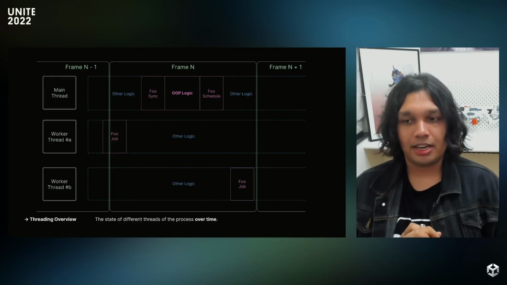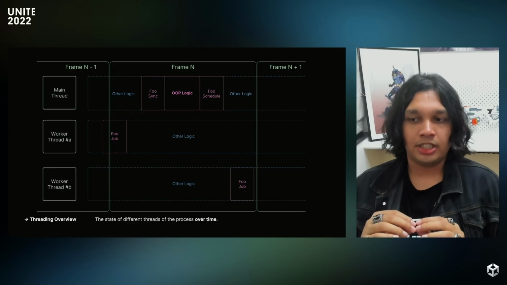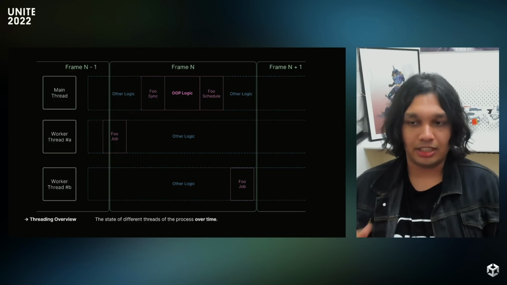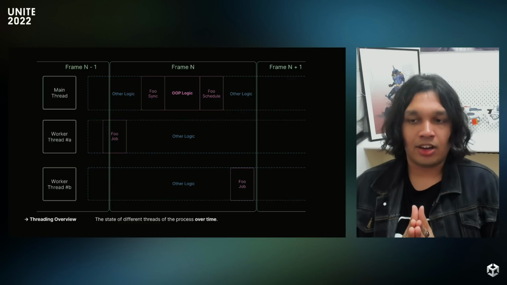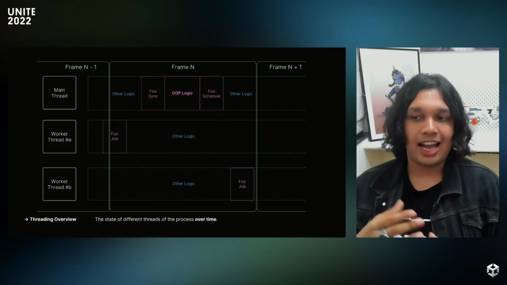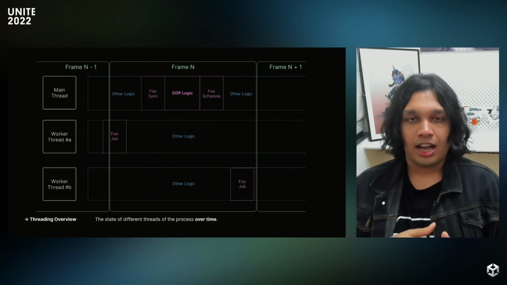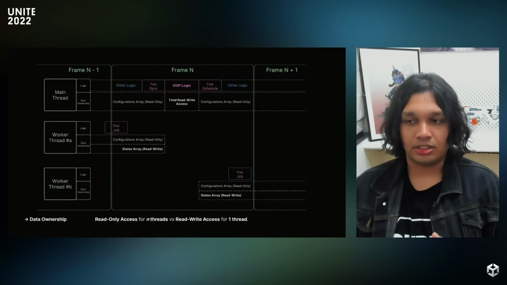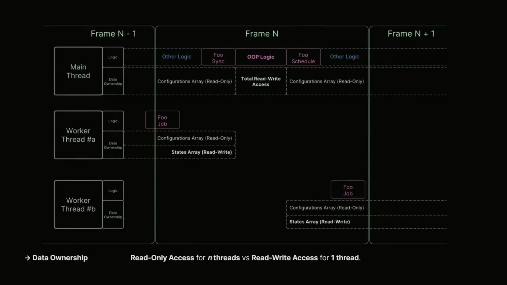So it's extremely accessible and extremely safe to use in that manner. But if you remember earlier, I mentioned that the good architecture for multi-threading is that a piece of data either has multiple threads, as many as you want, with read-only access to the data, or a singular thread with read-write access to the data. And this is something that you can see here, on the next slide. On the main thread, before the synchronization is complete, we only have read-only access to the configurations.